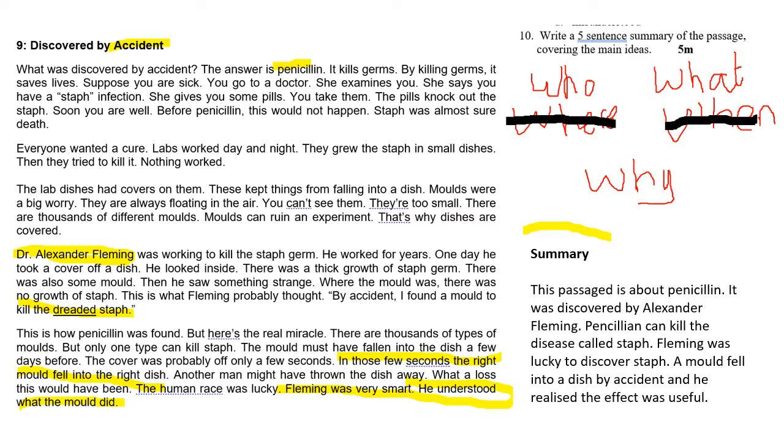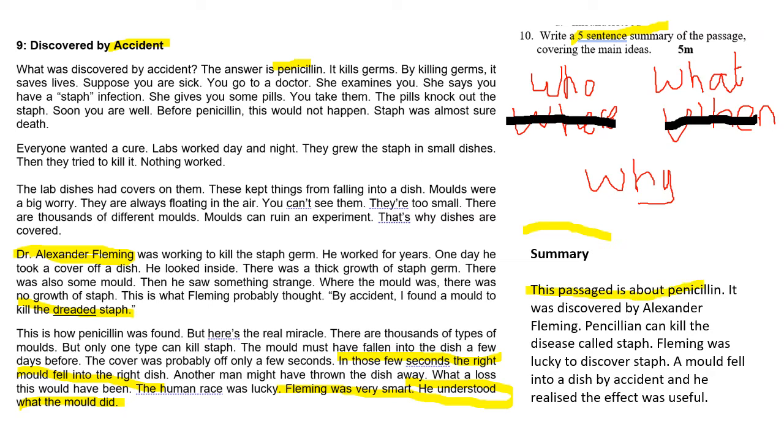My summary uses my own words. I do not copy from the passage. Also, my summary is short. I only include the most important points. The question said 5 sentences, and so I have written 5 sentences, 1 mark for each.